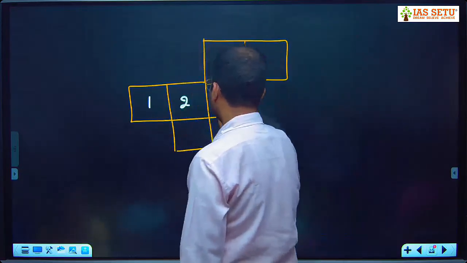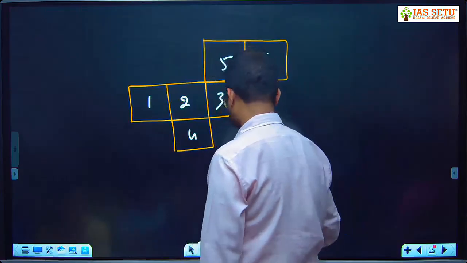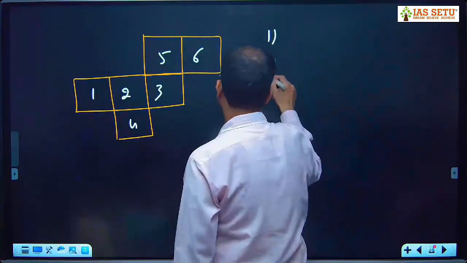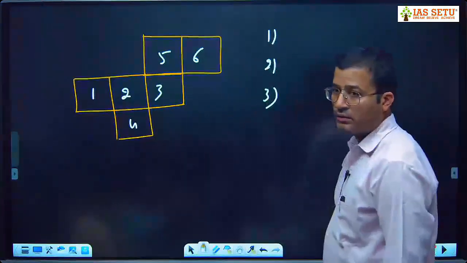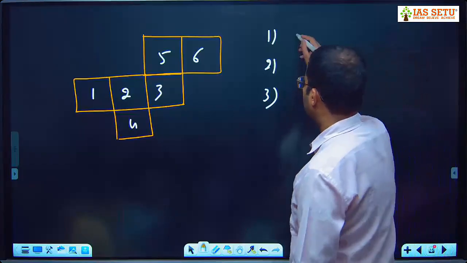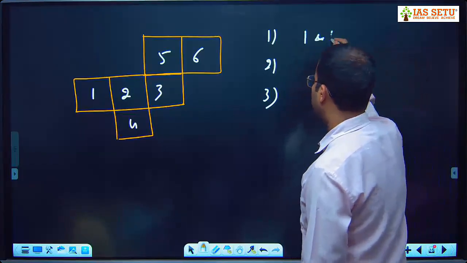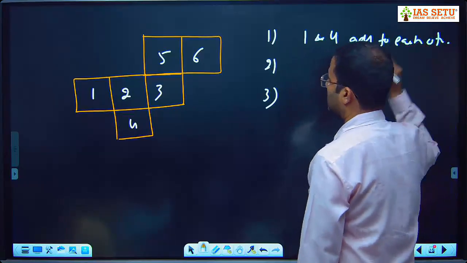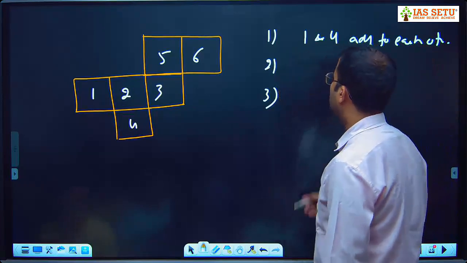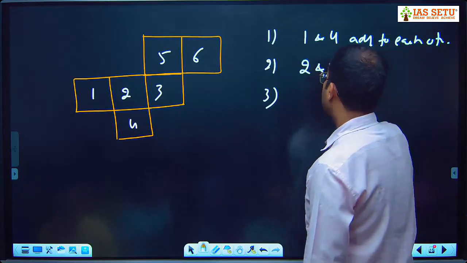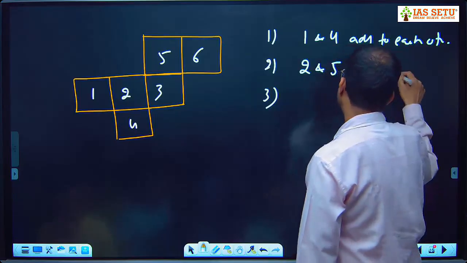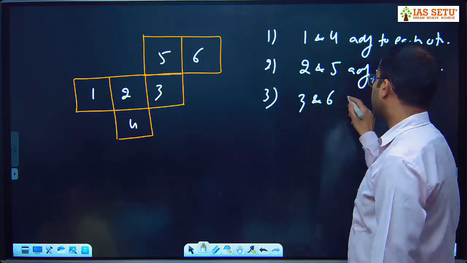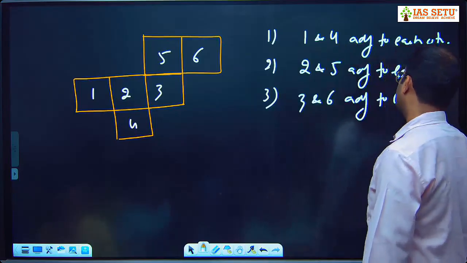One, two, three, 4, 5, 6. Statement number 1, 2, 3. Statement number 1 is 1 and 4 adjacent to each other. 2 and 5 adjacent to each other. 3 and 6 adjacent to each other.